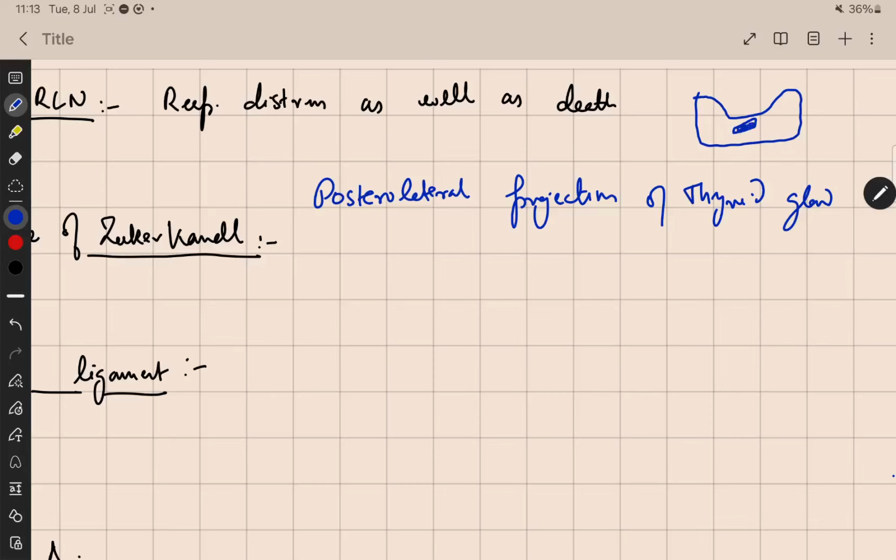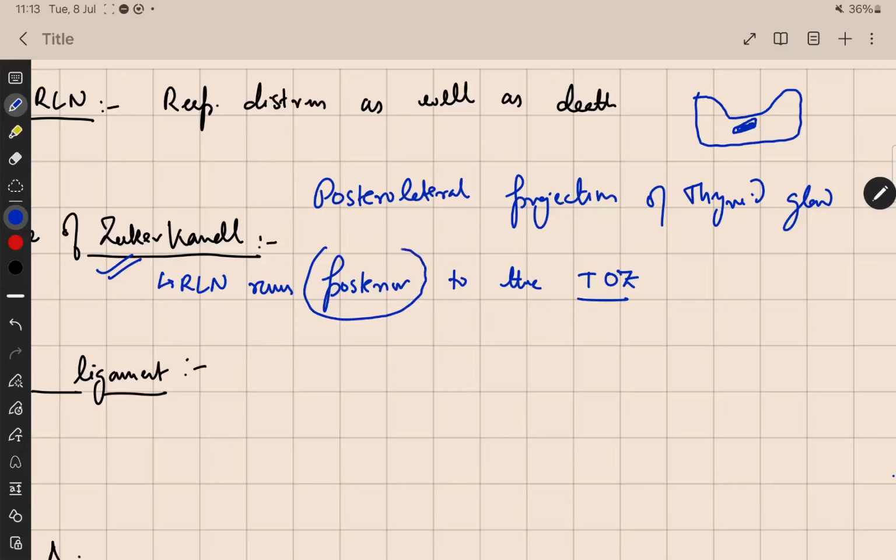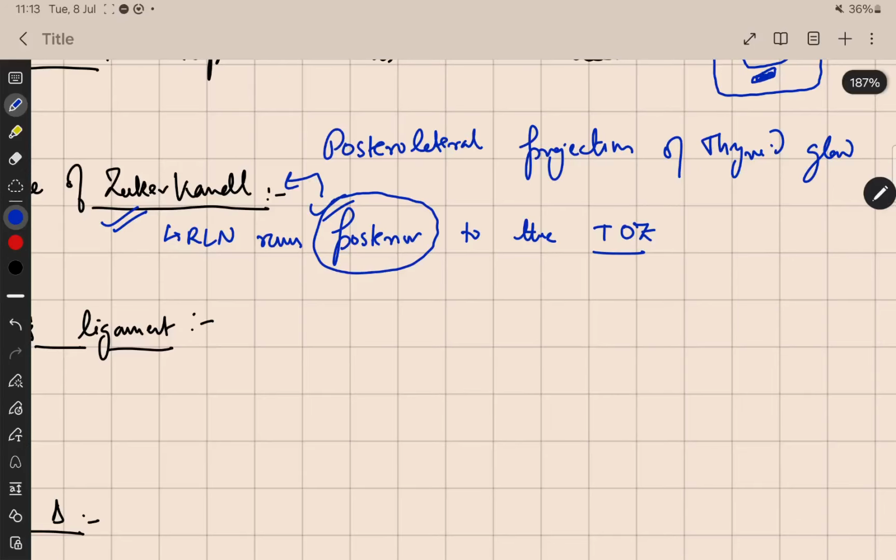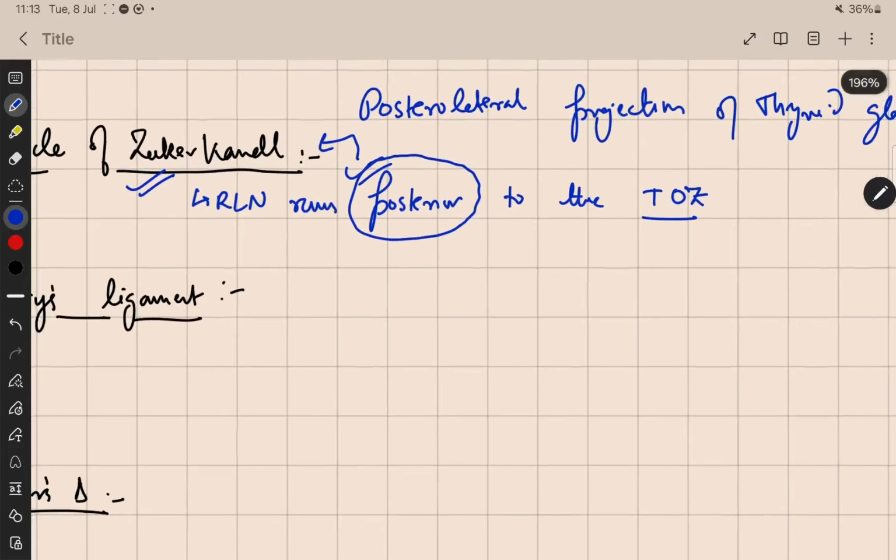So how is this tubercle of Zuckerkandl related to recurrent laryngeal nerve? Recurrent laryngeal nerve runs posterior to the tubercle of Zuckerkandl. So posteriorly, we can find the recurrent laryngeal nerve behind the tubercle of Zuckerkandl. This is an important landmark to identify the nerve.